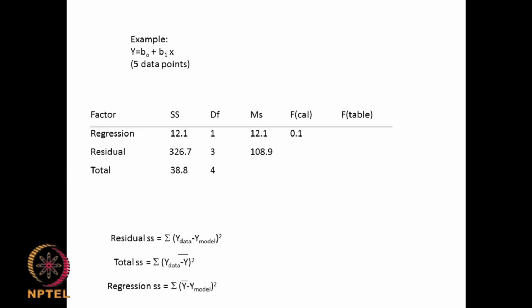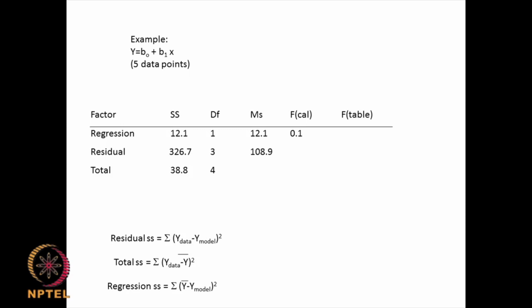Then we can calculate the mean sum of squares by dividing by the degrees of freedom. Then we can calculate the F value, regression divided by residual, and from the F value and the F table we can say what the significance is, whether we can calculate p.